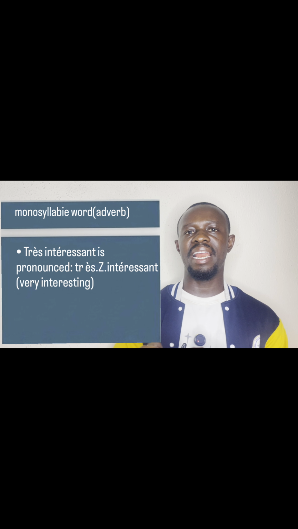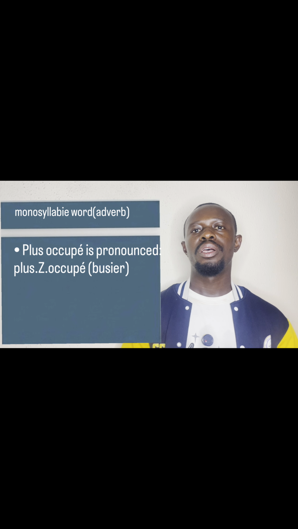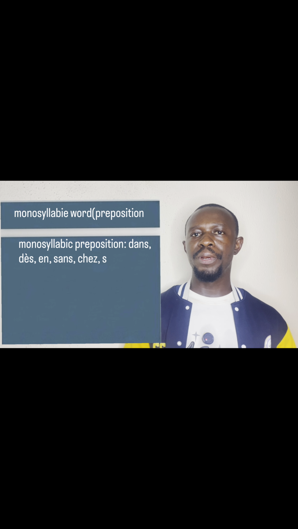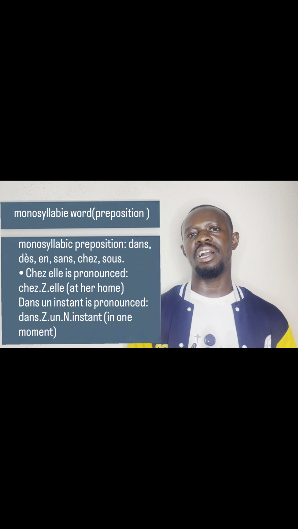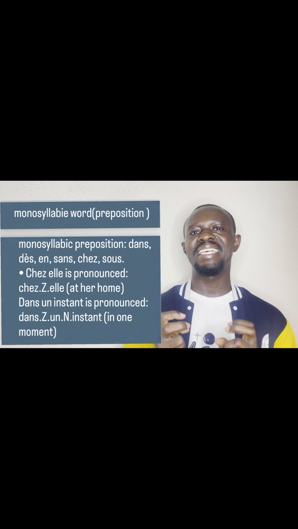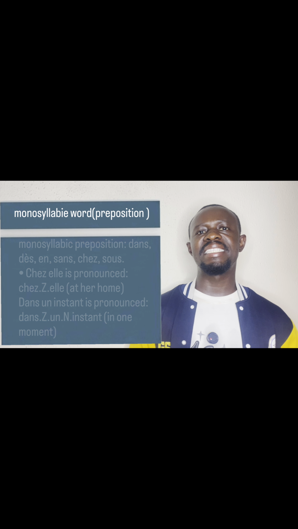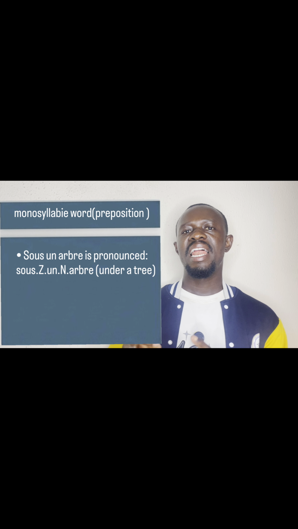You can also find it in "plus occupé". After a monosyllabic preposition like dans, des, en, sous, and chez, for instance, you can find it in "chez elle". So we say "chez elle", or you can find it in "dans un instant", or in "sous un arbre".